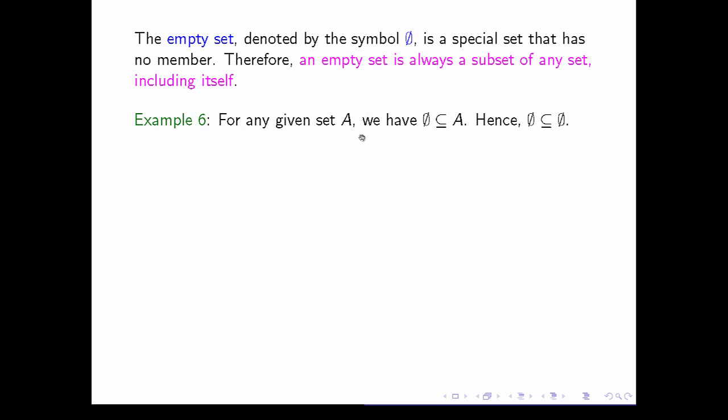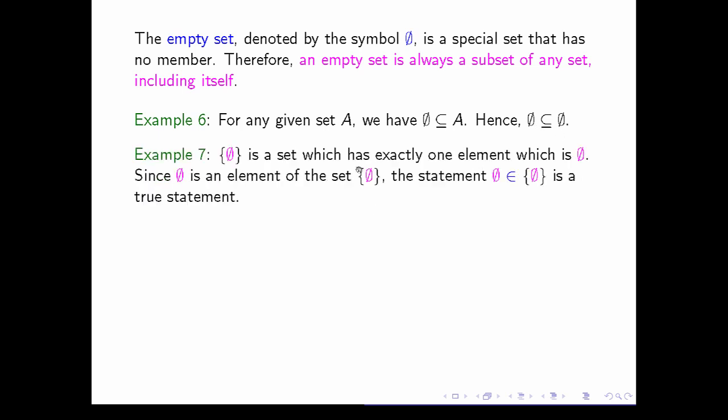So if we are given any set A, then the empty set is always a subset of set A. And here we see that the empty set is a subset of itself. So this is also a correct statement.